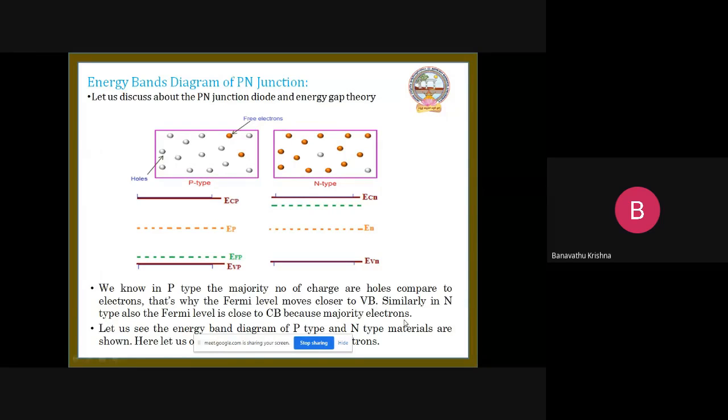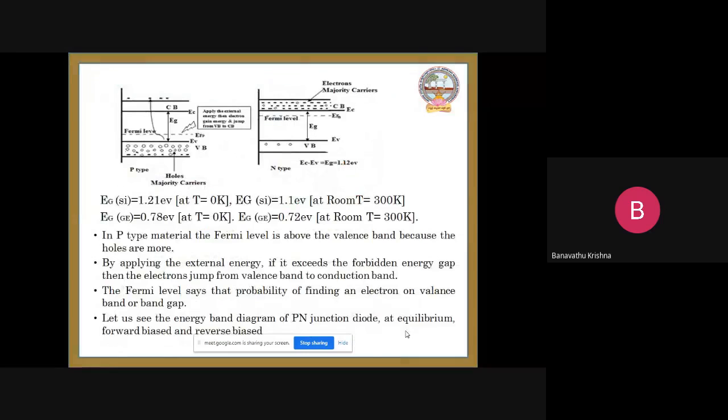Similarly, in n-type, the Fermi level is close to the conduction band because of the majority electrons. Let us see the energy band diagram of p-type and n-type material in the next slide. This is the energy band diagram for P-type semiconductor material, and here the energy band diagram for N-type semiconductor material.